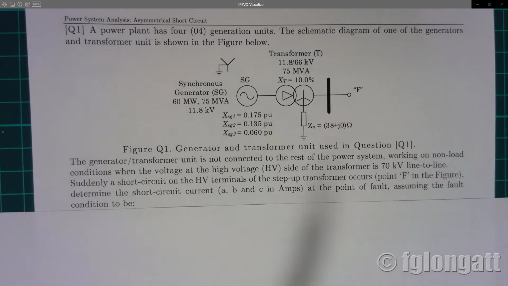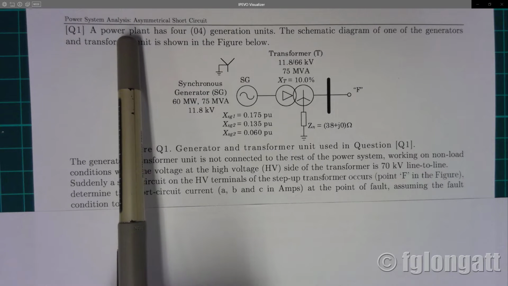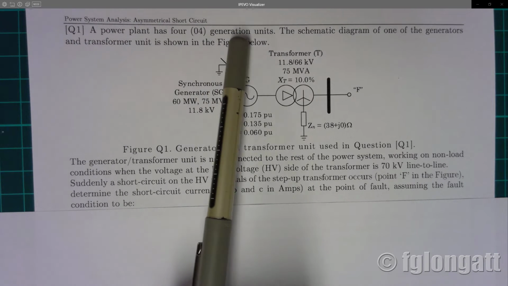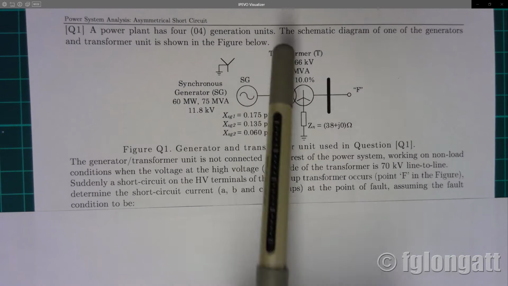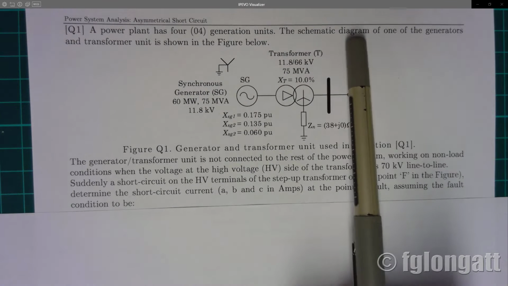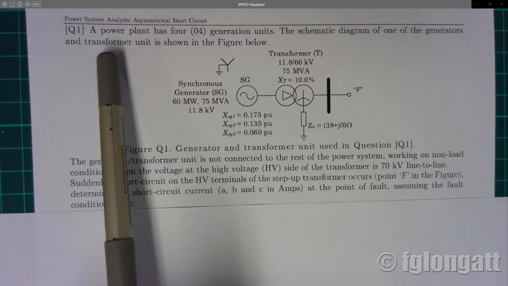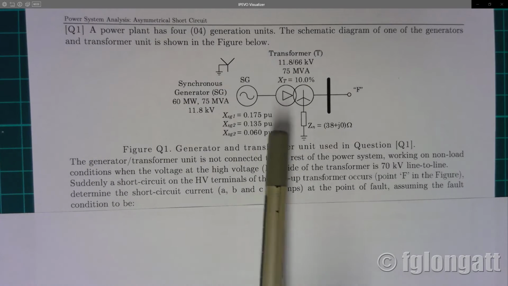We have a power plant, and this power plant has 4 generation units. The schematic diagram of one of the generator and transformer units is shown below.